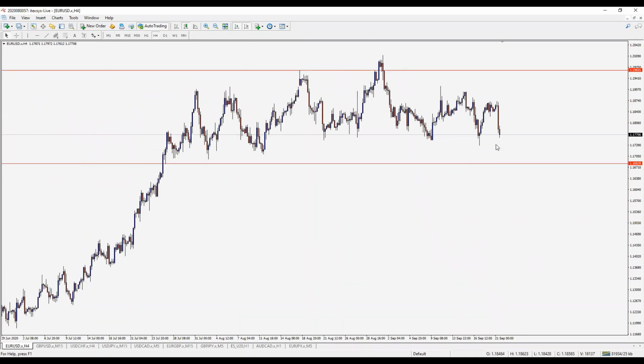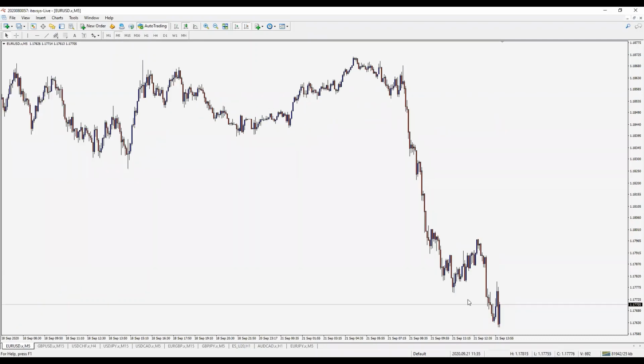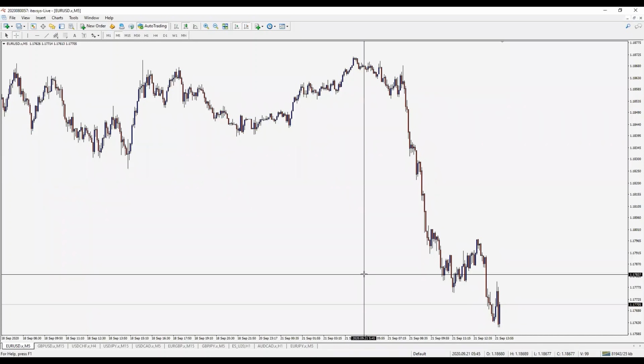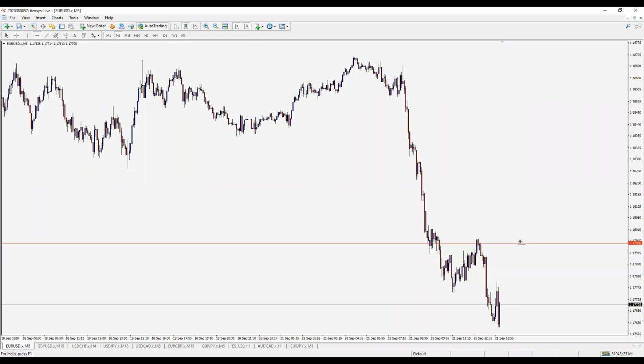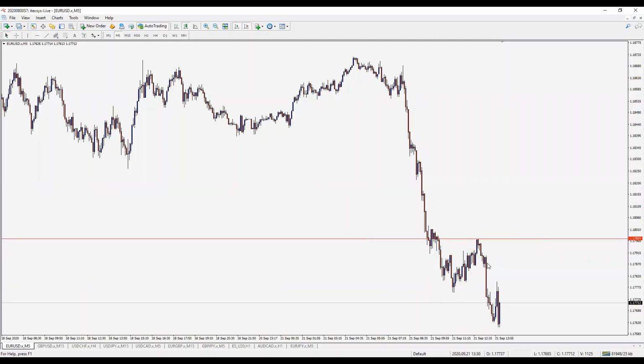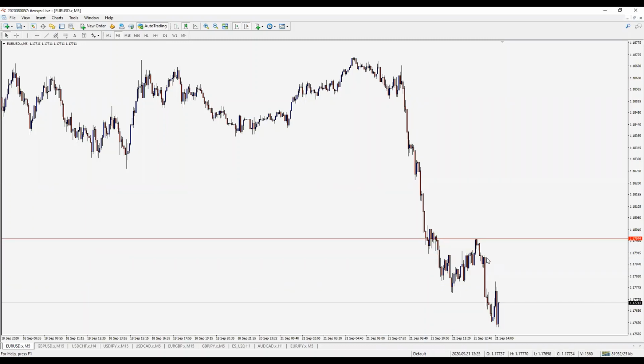Since the price already reached this support again, I'm not sure that I will look for a sell position. Again, it became too risky, but also in this situation, although we have a nice supply here, I won't use it on the first touch.